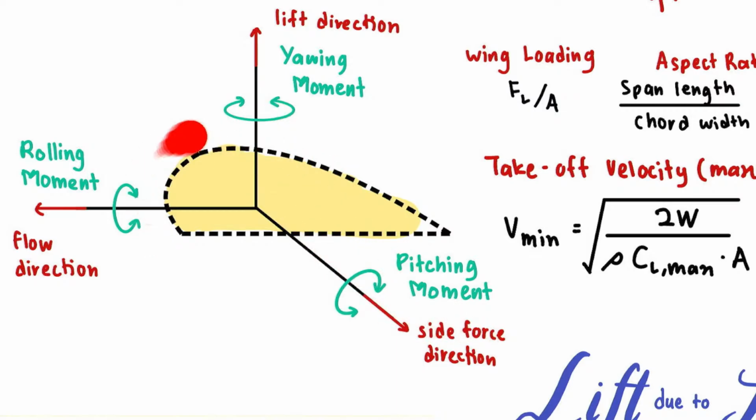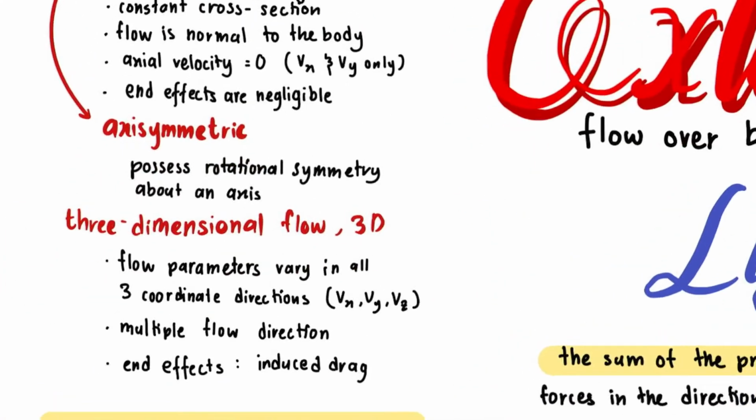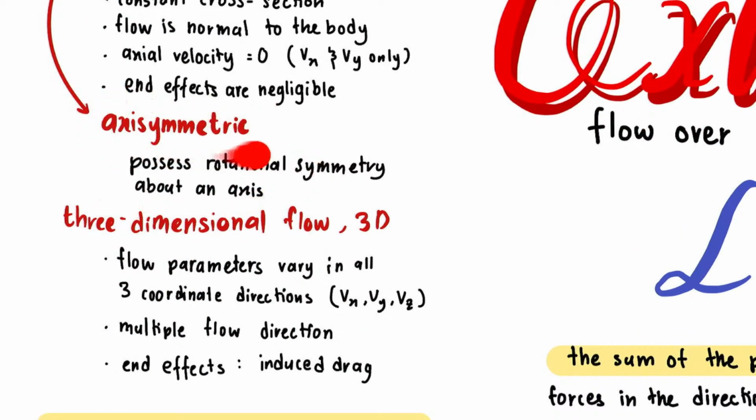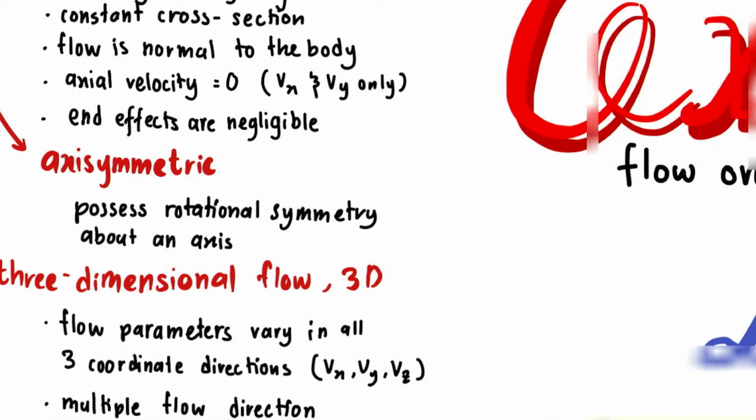There's only velocity in the flow direction. We can also assume the flow to be axisymmetric if the rotational symmetry is about an axis, like a bullet.